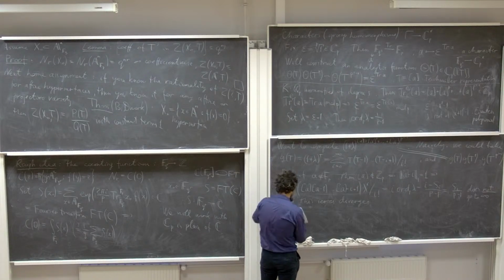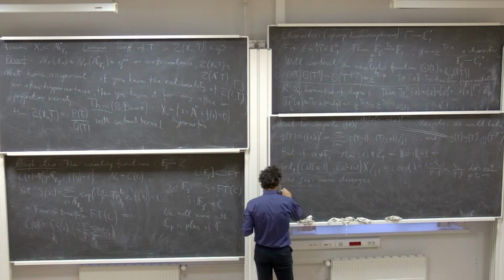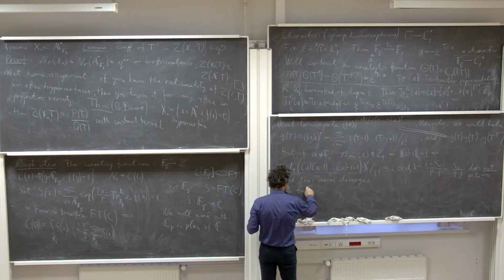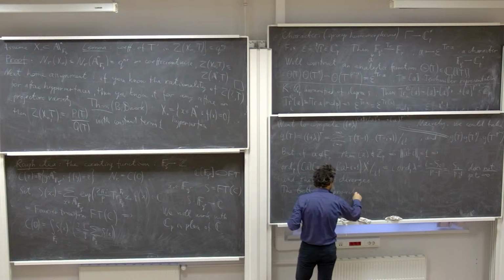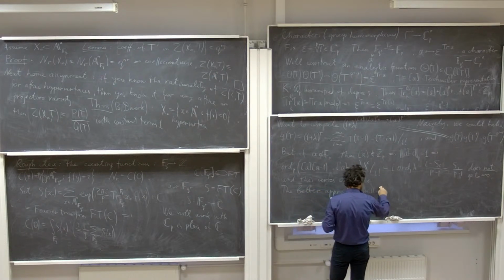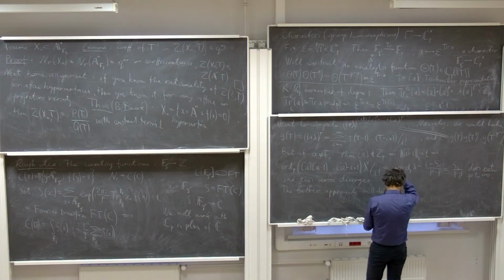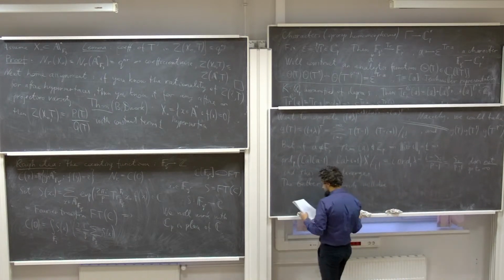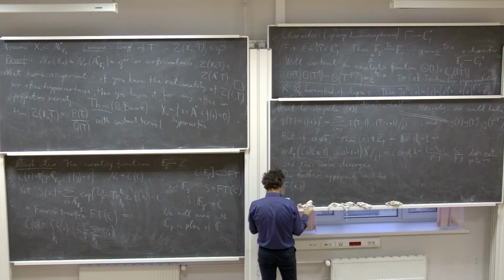And the better approach will be as follows. We consider the following auxiliary function f of x, y in two variables.